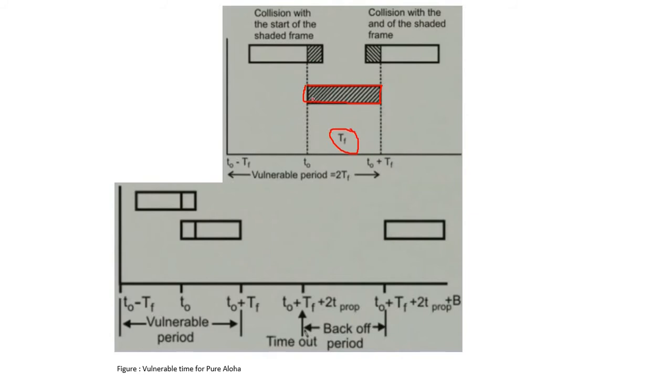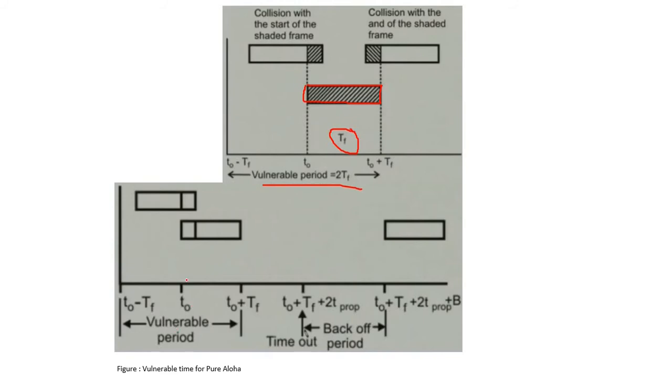Get it? So to reduce this, we have to look at the vulnerable period. Vulnerable period means the time period during which a collision can occur. So it is twice the transmission time. So we can decide the vulnerable period is equal to 2 TF. Get it? That is known as the vulnerable time.